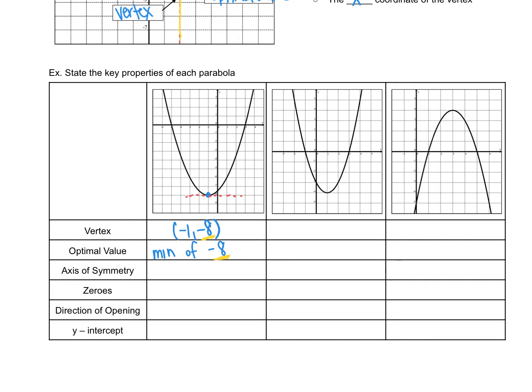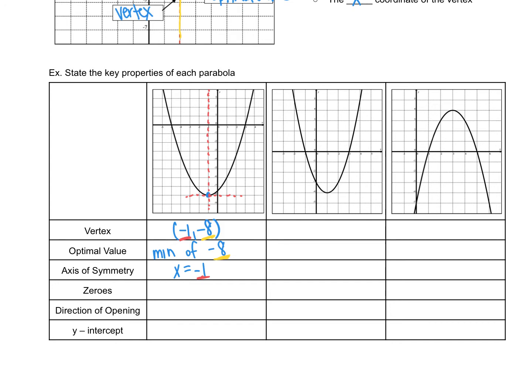And then our axis of symmetry passes through the vertex and cuts the parabola in half. And notice, as we draw that vertical line, we pass through -1 on the x-axis. So the equation is x equals -1. And notice that the -1 matches the x-coordinate of your vertex.